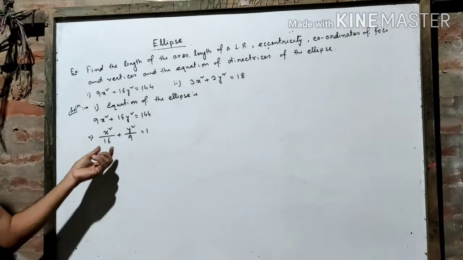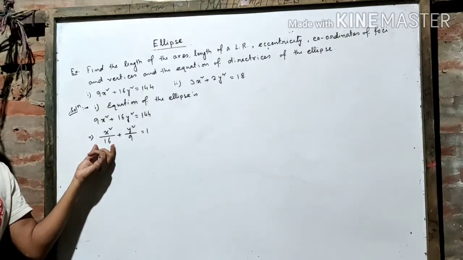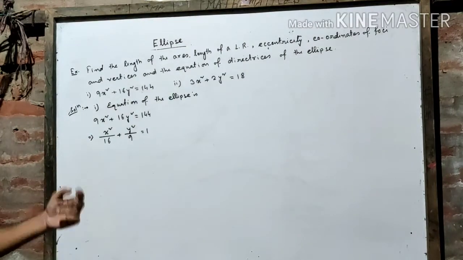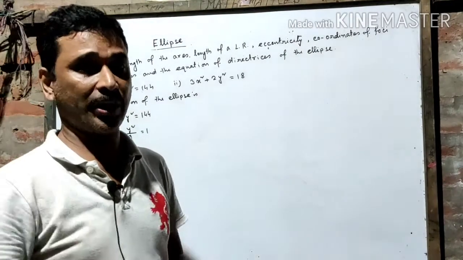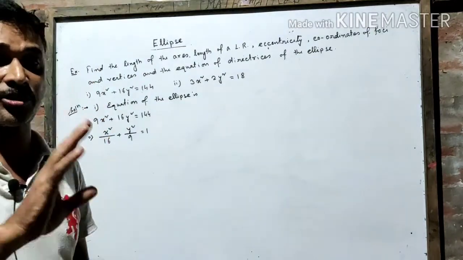So what about its major axis, x axis or y axis? You see, x square has the greater denominator, so its major axis will be along x axis. We have to write the informations according to this.